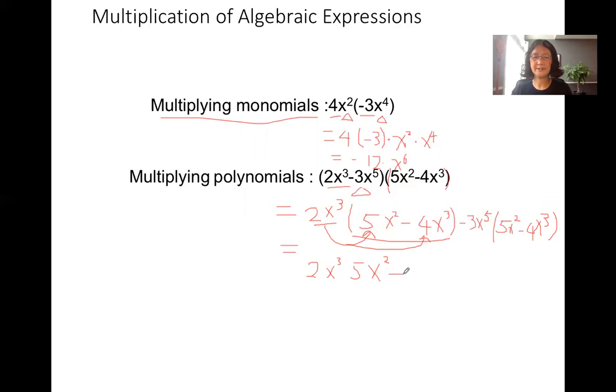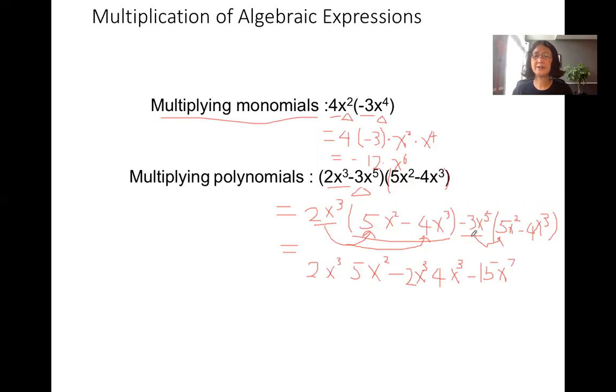So it is negative 2x cubed multiplied by 4x cubed. Similarly, you do this, negative 3x to the 5 multiplied by 5x squared. So I'll directly give you the result. It is negative 15x raised to power 7.